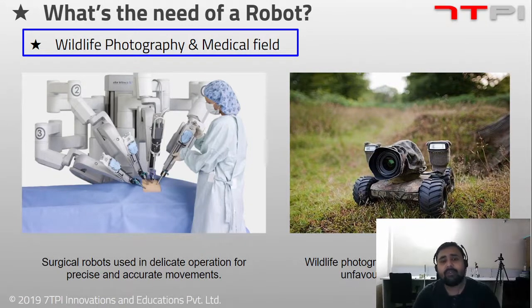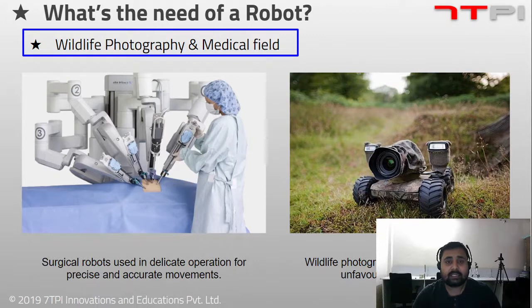Let me give you an example. It's a true situation. There was a patient in Chennai AIIMS who needed open heart surgery and was very critical, and the doctor was coming from Singapore. There was an issue of time because his flight was delayed by more than 3 hours, so they needed to perform the surgery at a very fast pace.